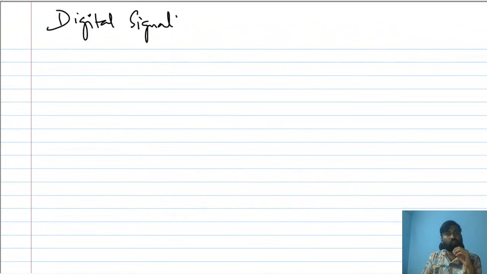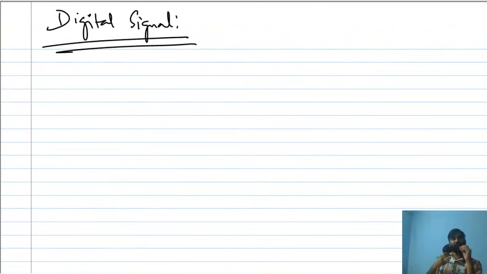What is a digital signal? This is very important and nobody knows the definition. When we talk about digital communication, nowadays the question gives a mathematical definition of the digital signal, and most students do not know what has been given.